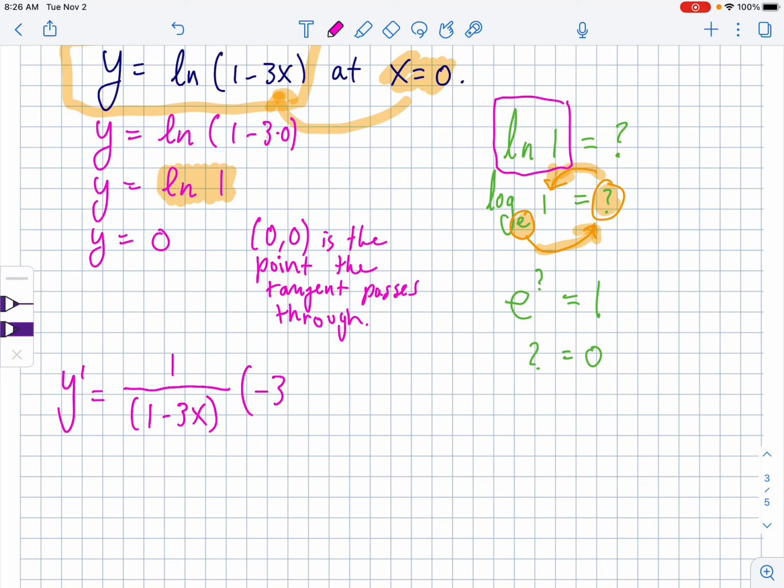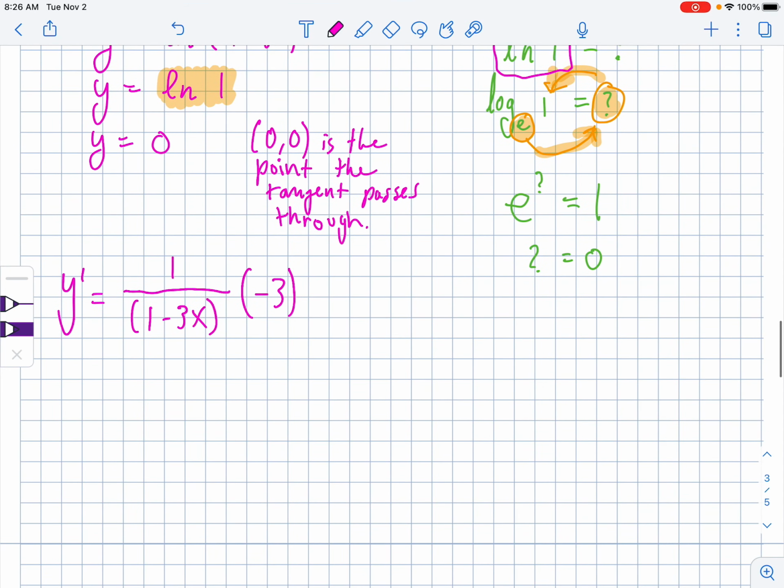And then times the derivative of the inside, which is just negative 3. The only way to clean that up is to say y prime is equal to negative 3 over 1 minus 3x. Remember, you cannot cancel out these negative 3's. Canceling doesn't work like that because these are glued together through subtraction.